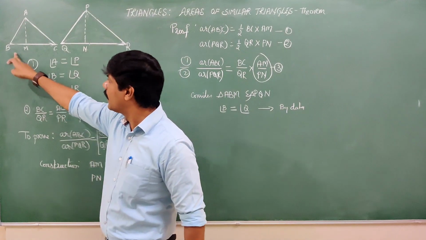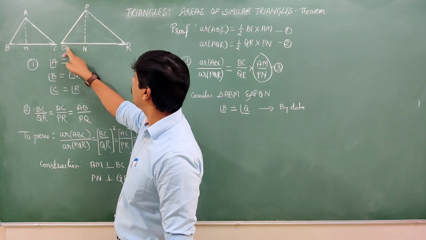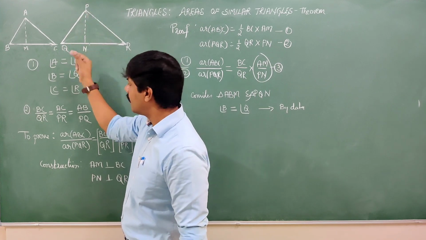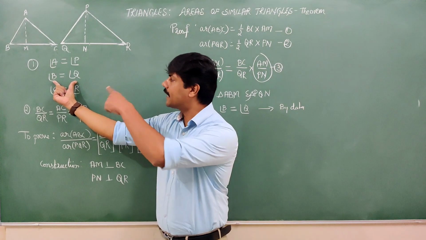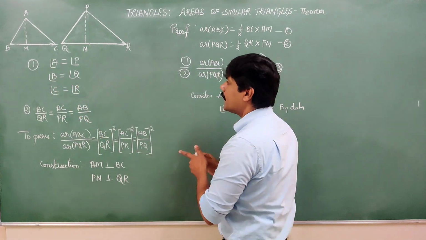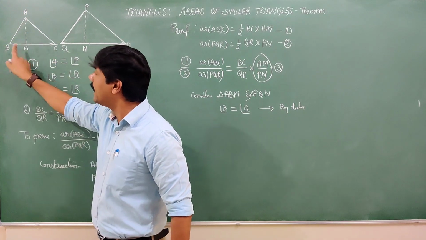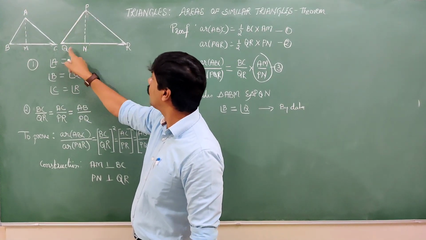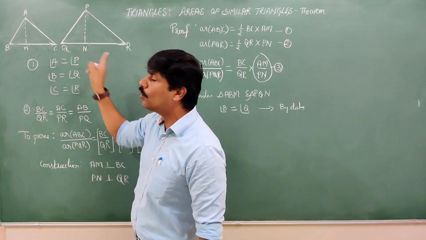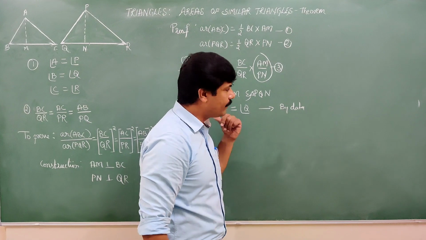Angle B of triangle ABC and angle Q of triangle PQR are equal, from data we have taken. This angle B belongs to triangle ABC as well as triangle ABM. Angle Q belongs to PQR as well as PQN. Therefore, angle B is equal to angle Q by data.